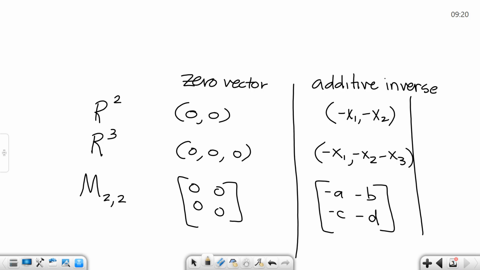I also show you an example of something that's not closed. If I gave you the set of ordered pairs in which x and y had to be odd, then I added 1, 3, odd, odd, to 5, 7, odd, odd, and when I added them, fix it, it's incorrect. What's 1 plus 5, you ask?